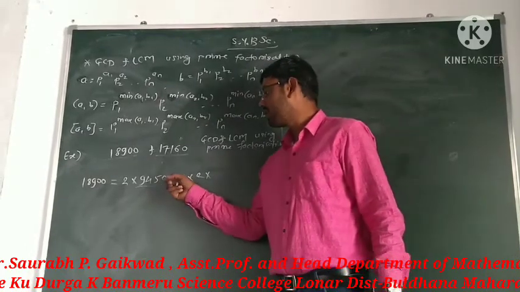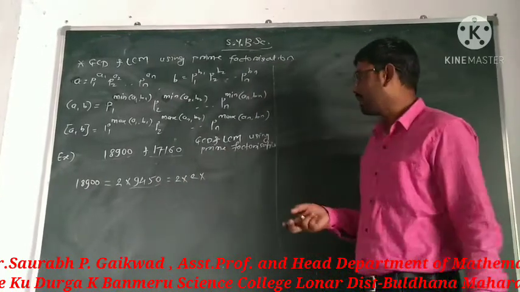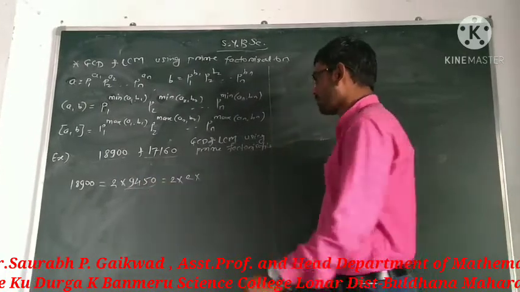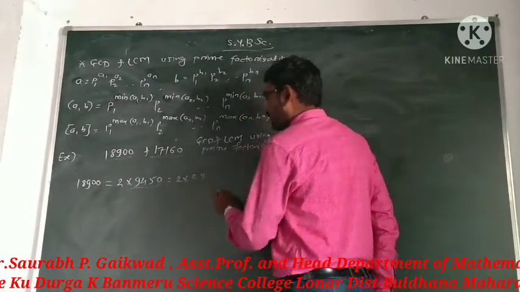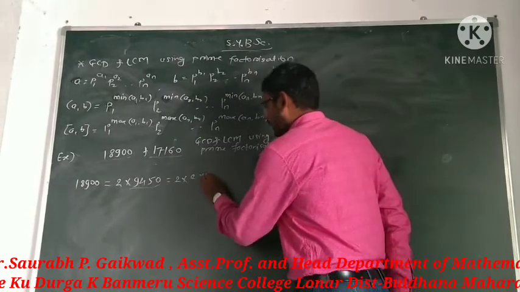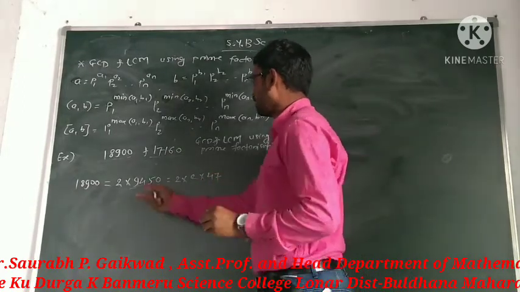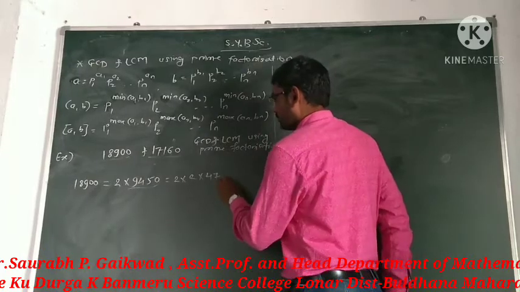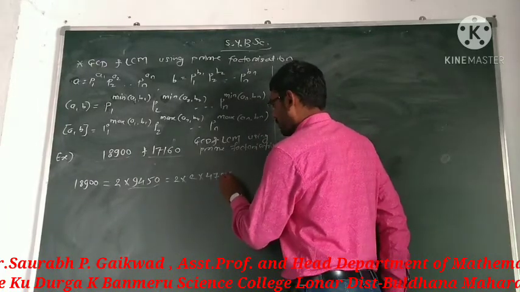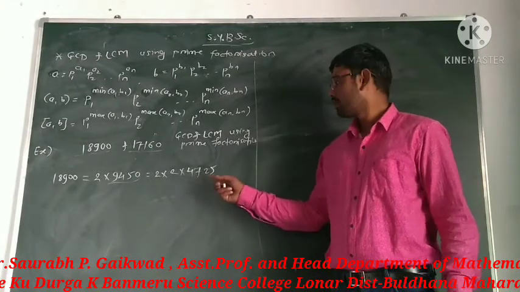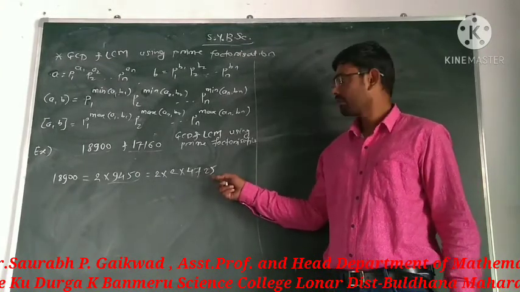If the unit place is even, then we can divide a number by 2. So it will be 2 into 4725.